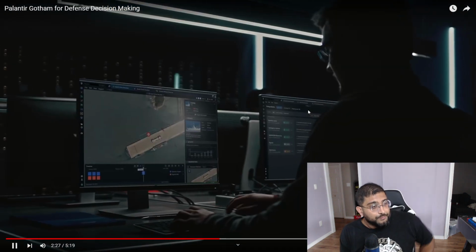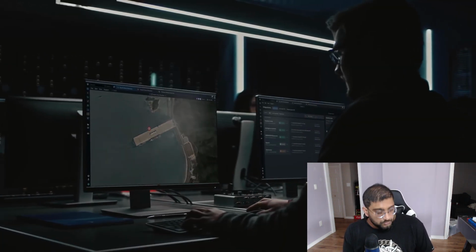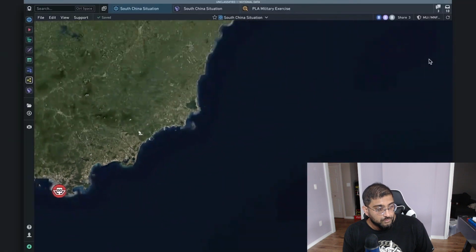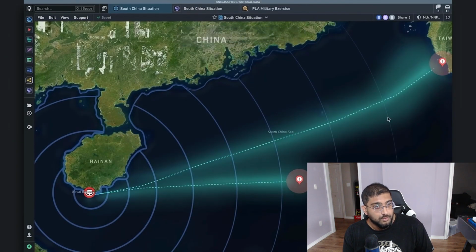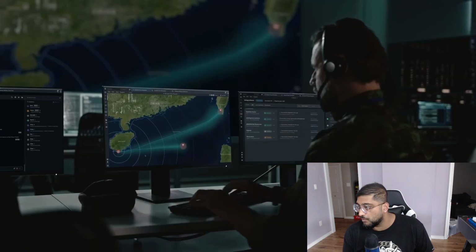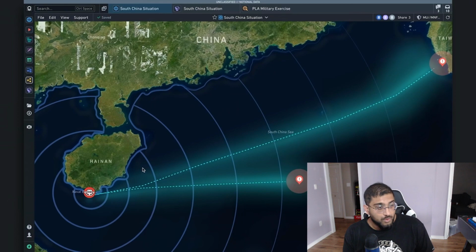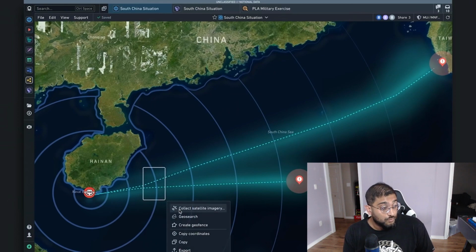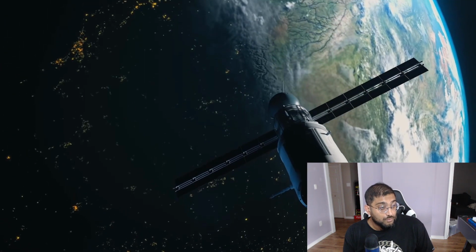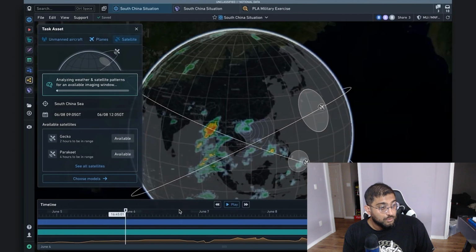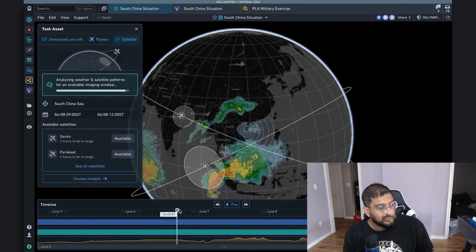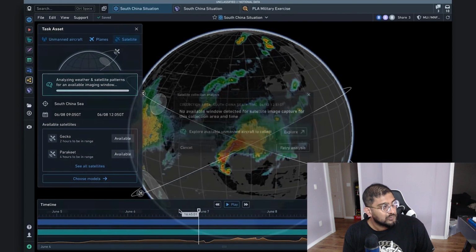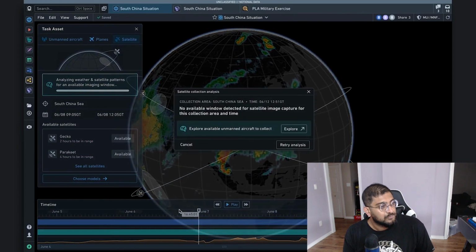Gotham fuses data from multiple sources to project likely paths for the Luoyang. The most dangerous routes head east, towards both the military exercise and the mounting tensions outside the Taiwanese port. The analyst identifies a key fork to monitor between the routes. To collect more imagery, machine learning models built by academic and commercial partners run on data across all domains. The models determine that satellite coverage alone is not enough to find the ship.